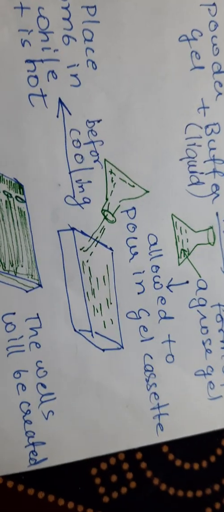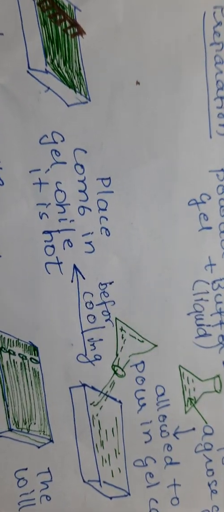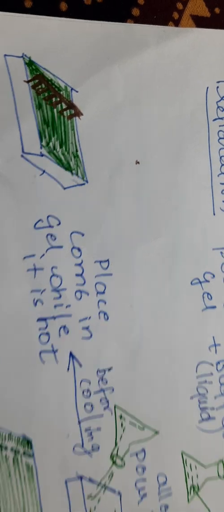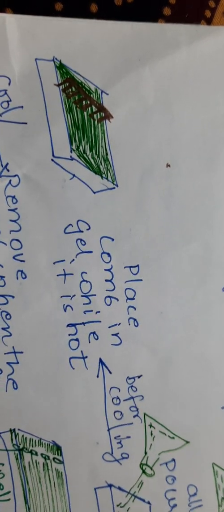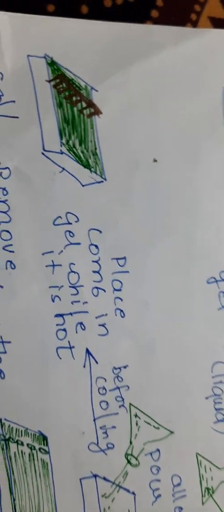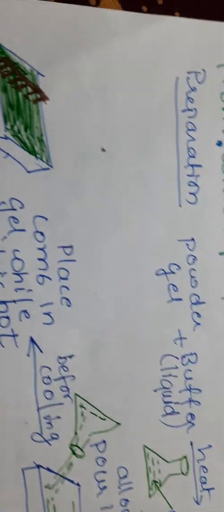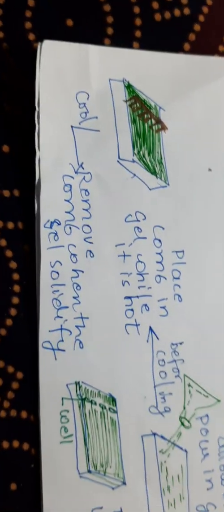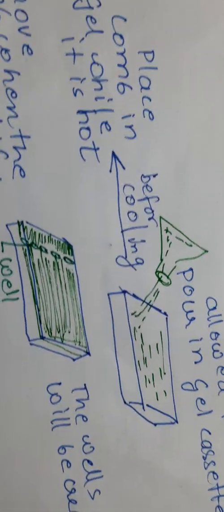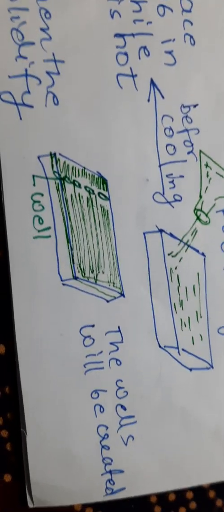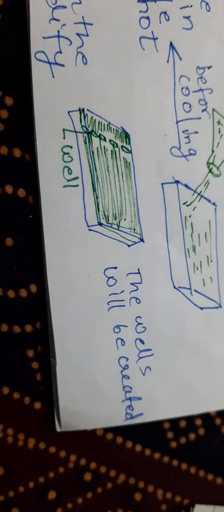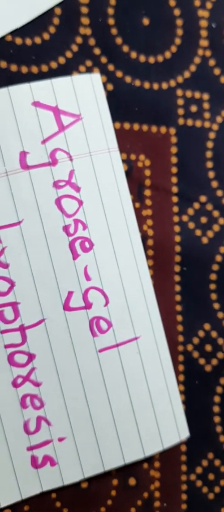Before cooling you have to place the comb, so the comb is placed in the molten gel. Now this is allowed to cool down and solidify. Once it solidifies, you slowly remove the comb and wells are created in the gel. These wells are used to load the sample.